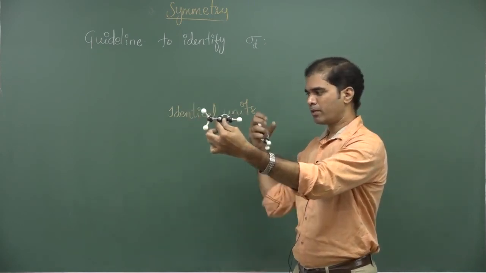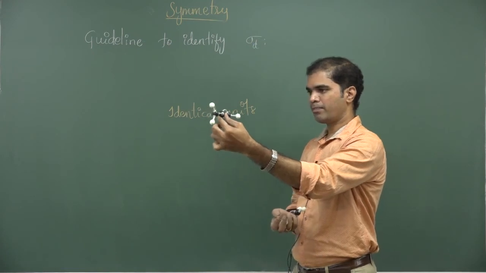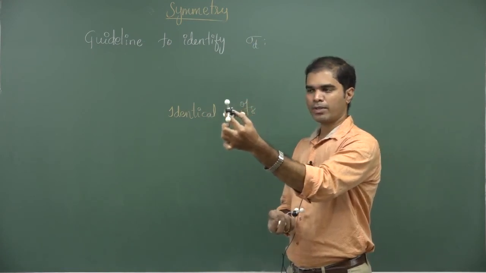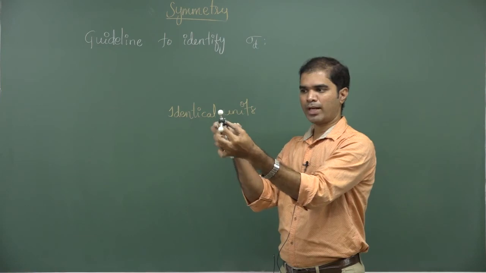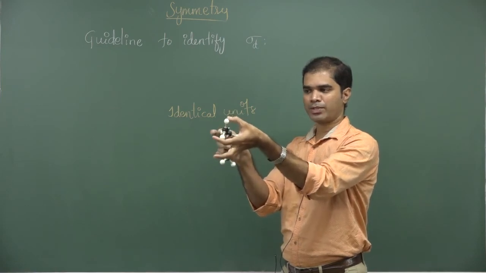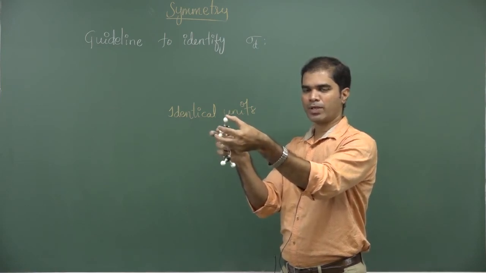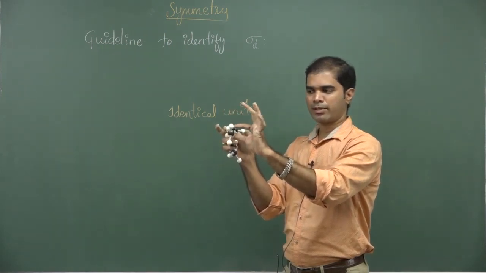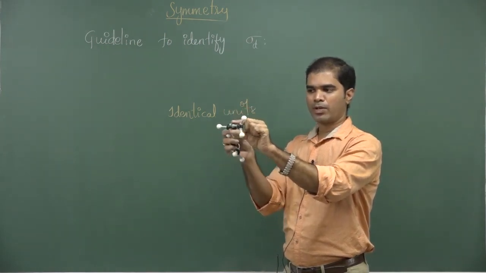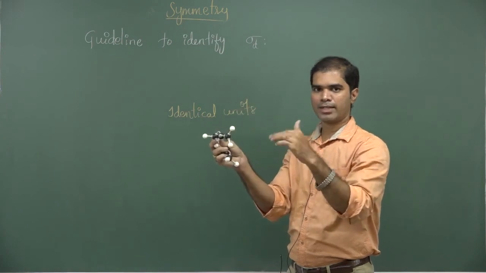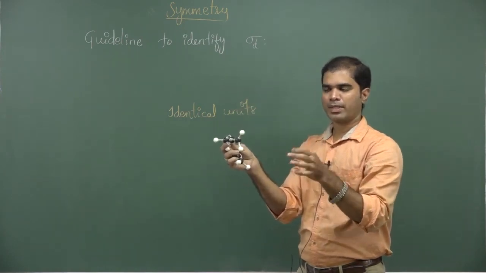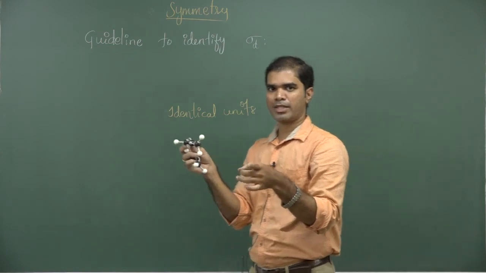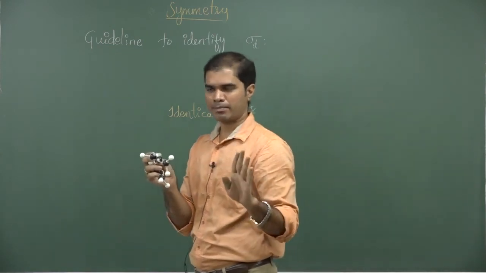Now, the way to bring out the sigma d concept: in whichever molecule you have two identical units, CH2, CH2, it should not be like CH2 and CF2. CH2, CH2 are identical units. In such molecules where you have two identical units that are staggered to one another, if a plane is present, put that plane as a sigma d.